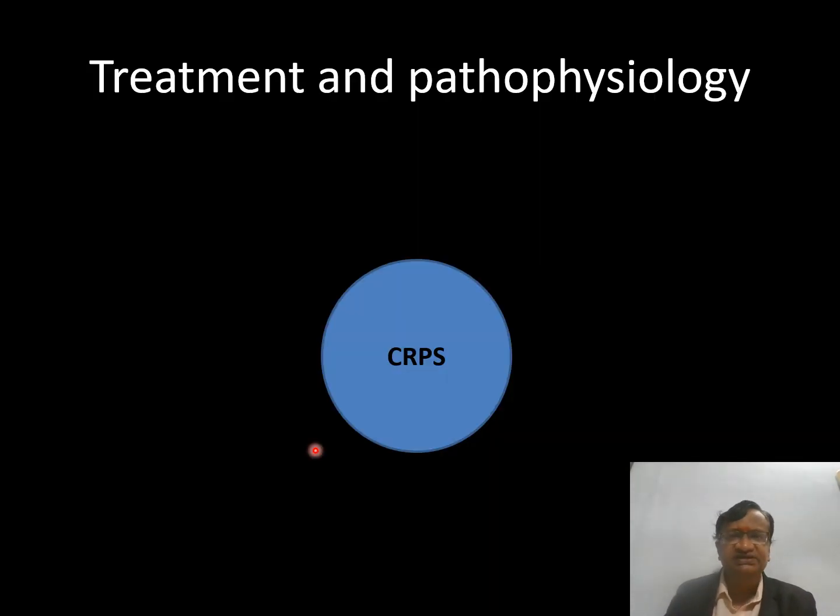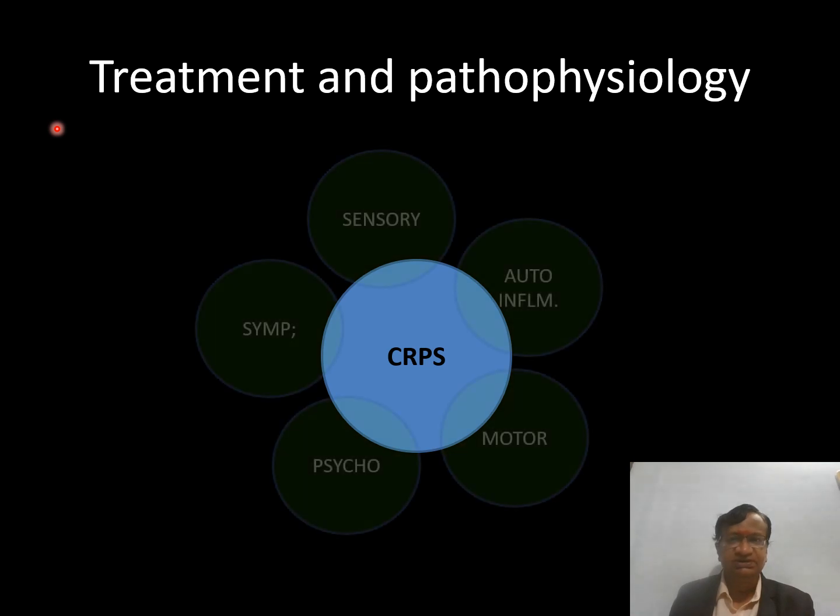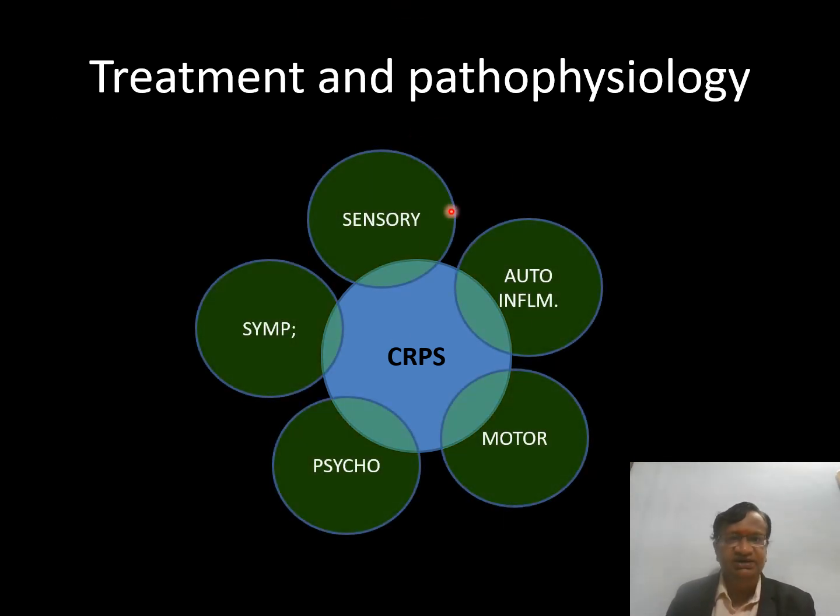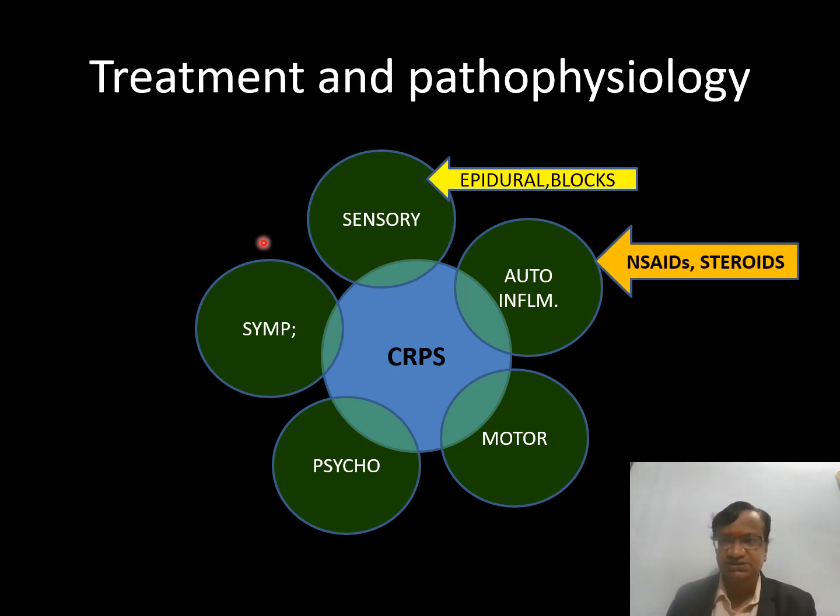Now we'll look at the pathophysiology. There is a sensory component, a sympathetic component, a psychological component, a motor component, and autonomic inflammation. For the sensory component, we can do epidurals and blocks. NSAIDs and steroids, and this is physiotherapy.